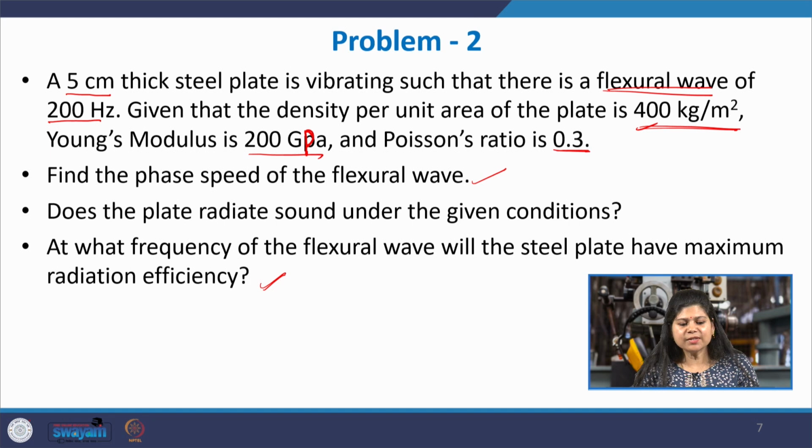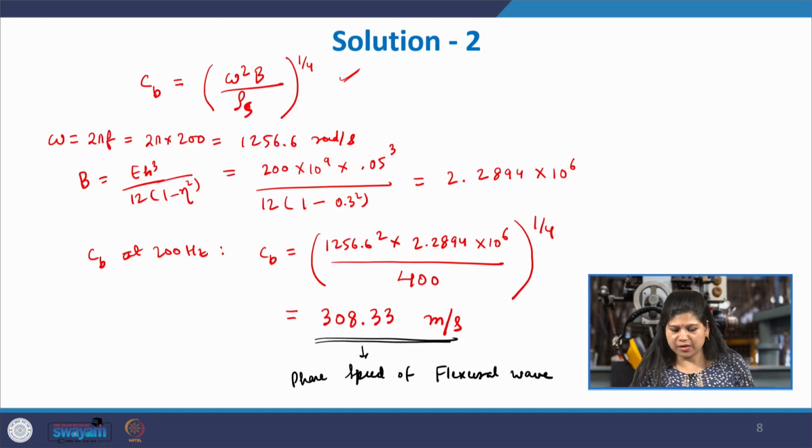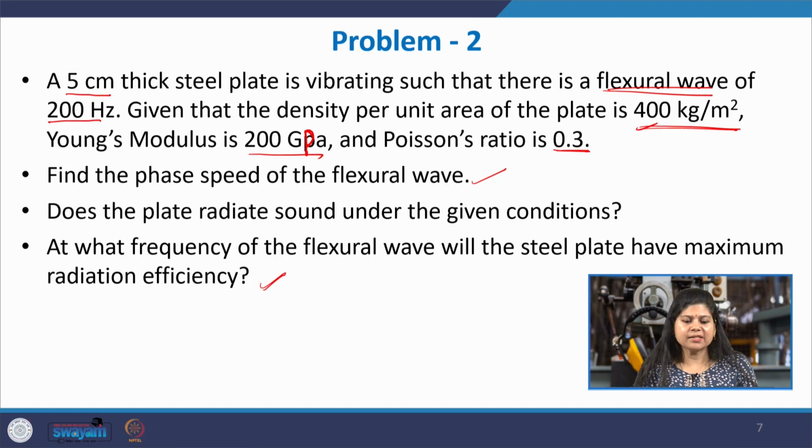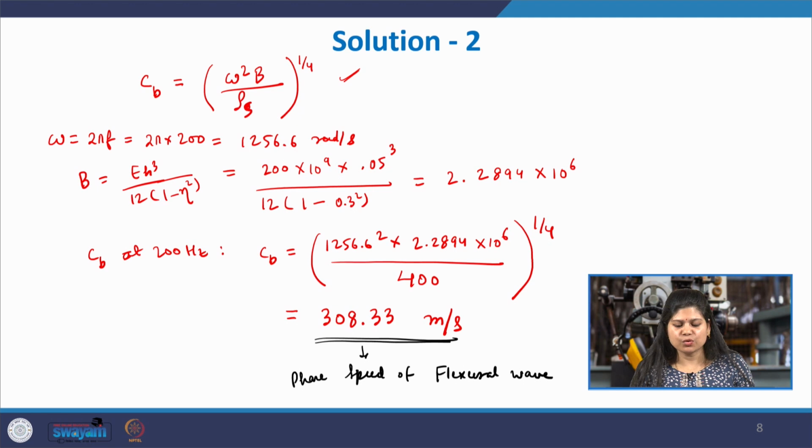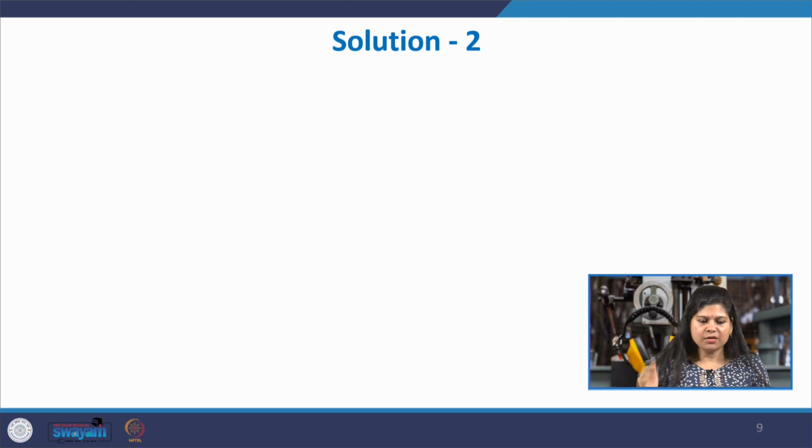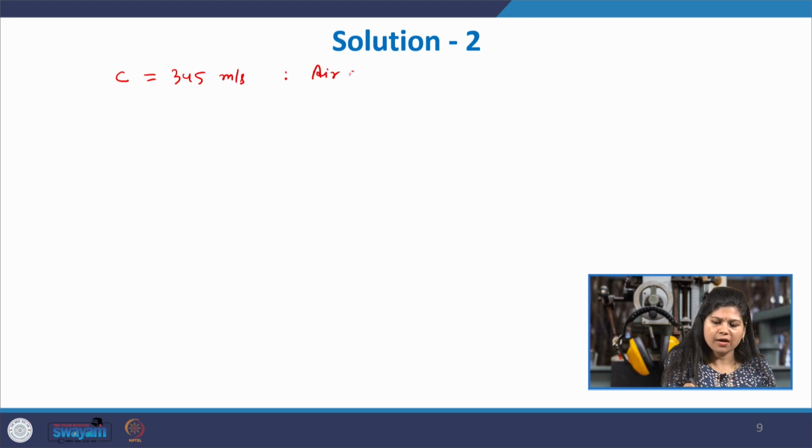Now, will this plate radiate sound under the given conditions? So, what is the phase speed here? 308. Considering that the plate is surrounded by the air medium at room temperature, which is the most common medium, if nothing is given we say that the plate is surrounded by air. So, for the medium, C is 345 meters per second for air at room temperature.